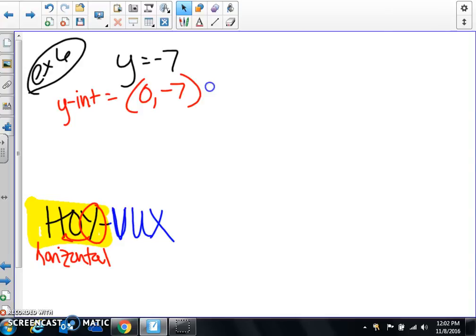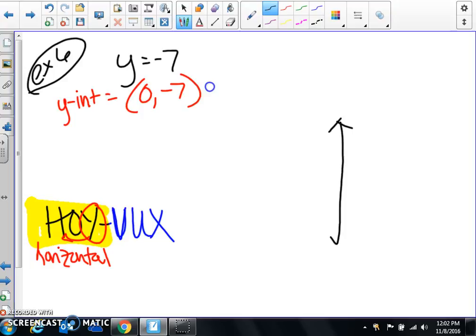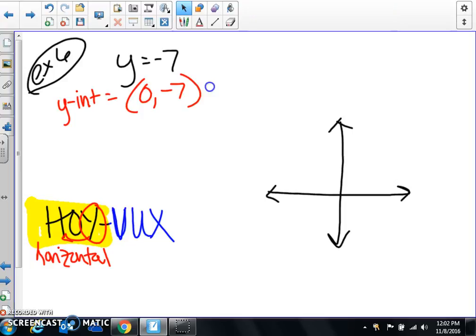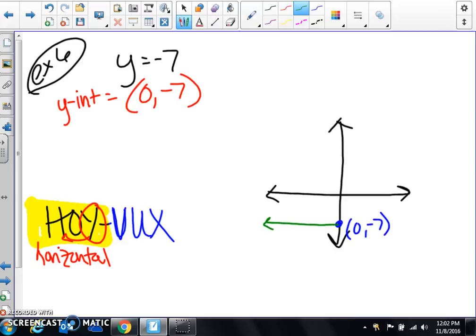So my y is at negative 7. So here's my y-axis. I go down to negative 7. Horizontal is side to side, which is this, which means, look, it's parallel to the x-axis, which means it will never intersect the x-axis, which means there is no x-intercept.